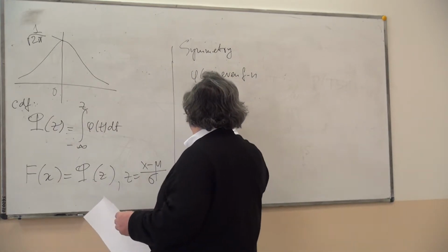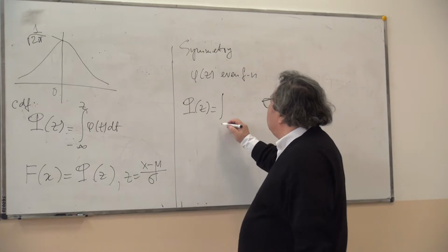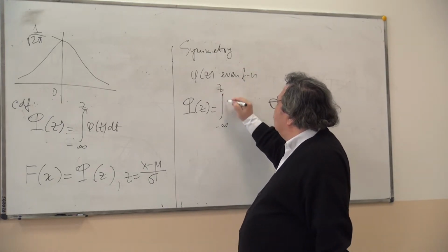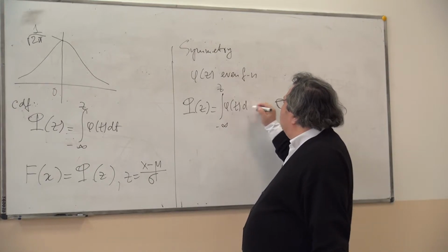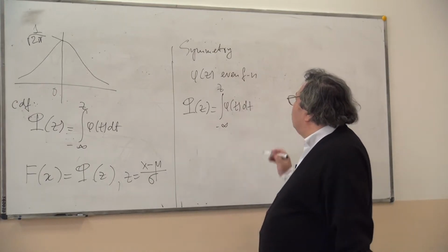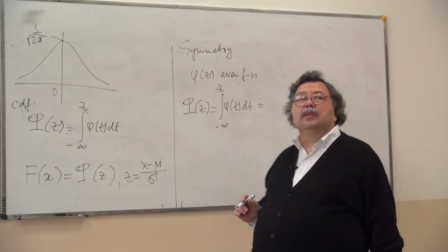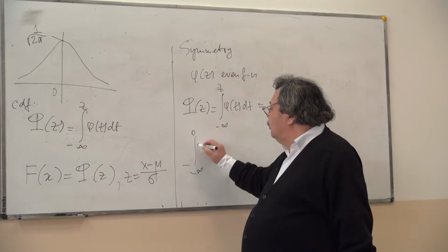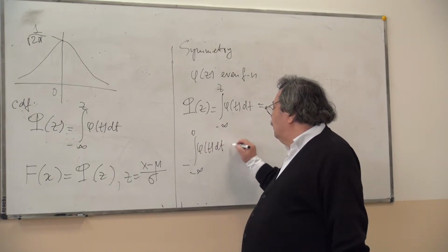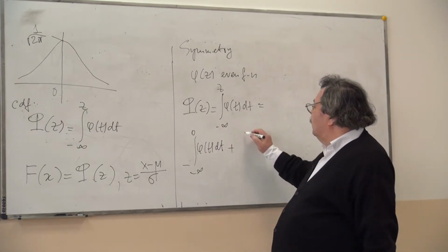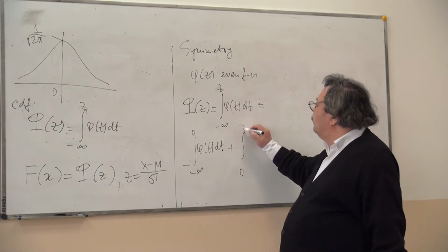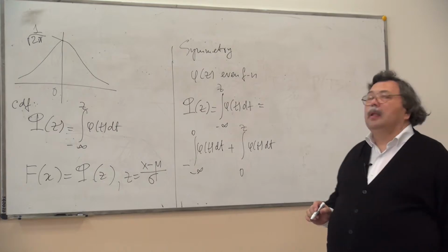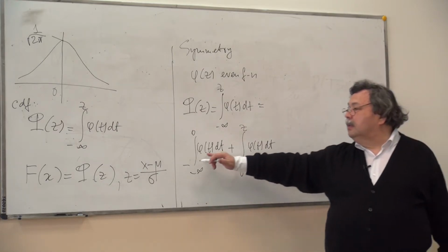This is how it's done. So Phi of z, which is the integral from negative infinity to z of little phi, we can split into this sum: minus infinity to 0 plus the integral from 0 to z of little phi.